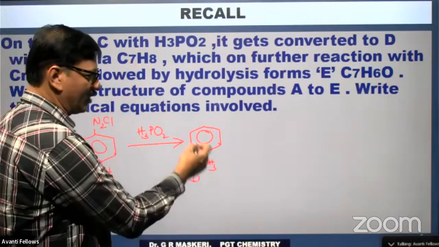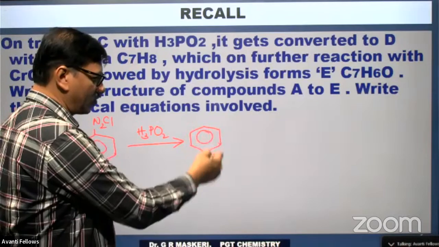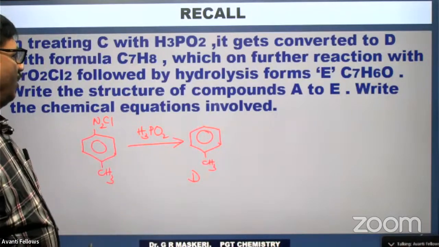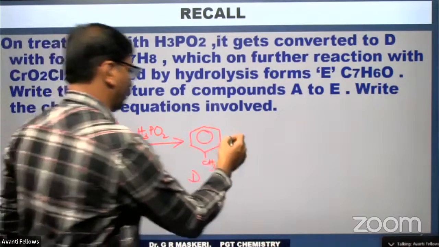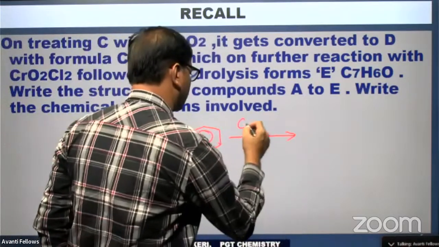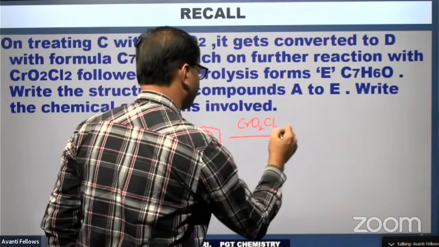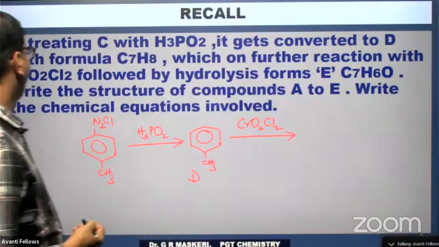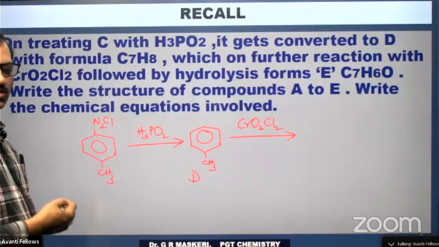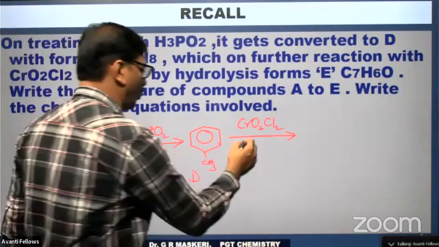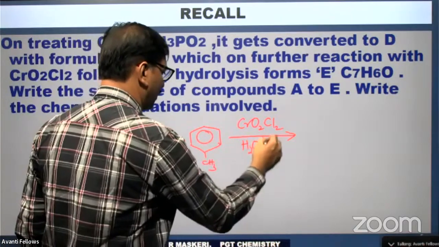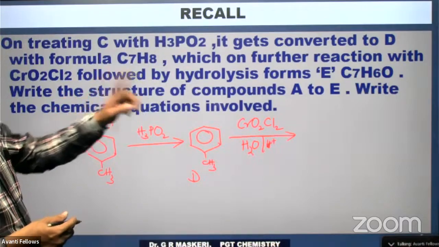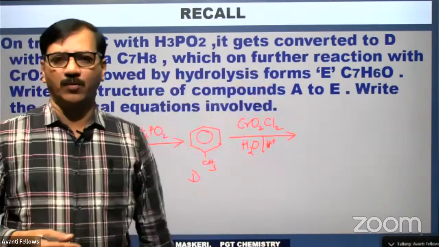This should be C7H8, C carbon 6 and H5 plus 3, 8, right? Which on further reaction with CrO2Cl2, chromyl chloride, followed by hydrolysis, that means H2O, H plus, it will give a compound C7H6O.